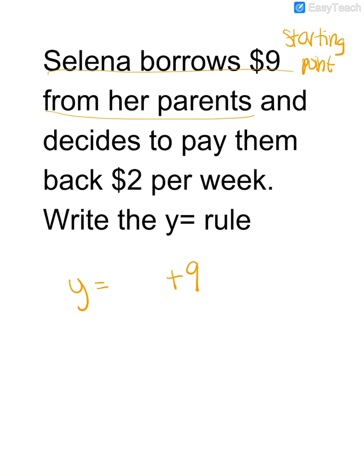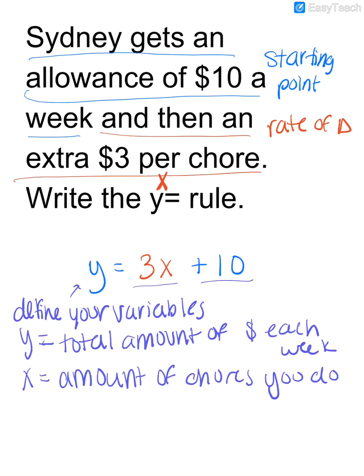Now take a second and think about, what is this slope here? What's the rate of change? So the rate of change is that she decides to pay them back $2 per week. Okay? Now, we know that per week means we're going to put the X in there. But think about for a second. In this situation, she was getting paid $3 per chore.